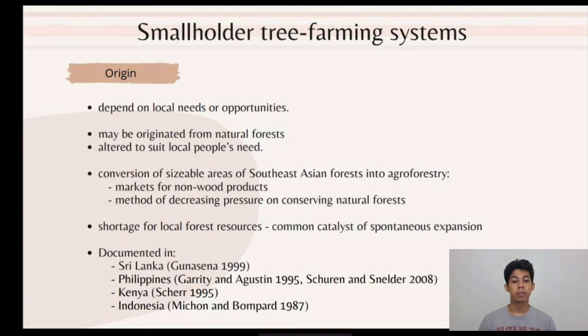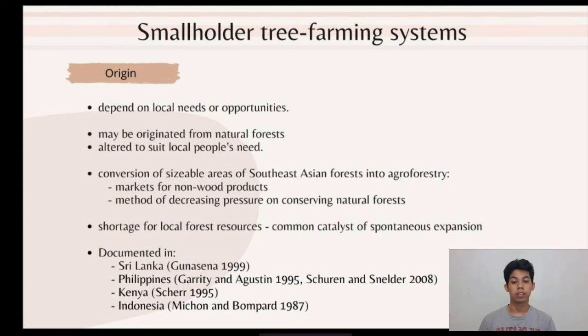Similarly, by the production of wood and non-wood product on farm, smallholder agroforestry systems have been identified as a means of reducing pressure on and conserving natural forests. Next, shortage of local forest resource is the common catalyst of spontaneous expansion.